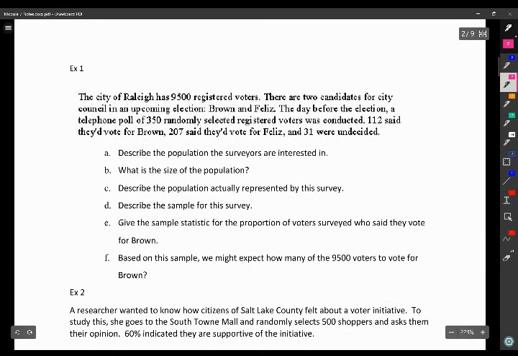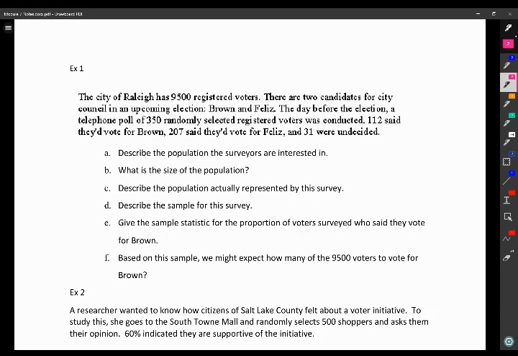So as we look at example 1, it talks about the city of Raleigh, and there's 9,500 voters. There's 2 candidates for city council, Brown and Felice. They talk about the day before the election, they do a telephone poll of 350 randomly selected registered voters, and 112 said they'd vote for Brown, and 207 said they'd vote for Felice, and it says 31 were undecided.